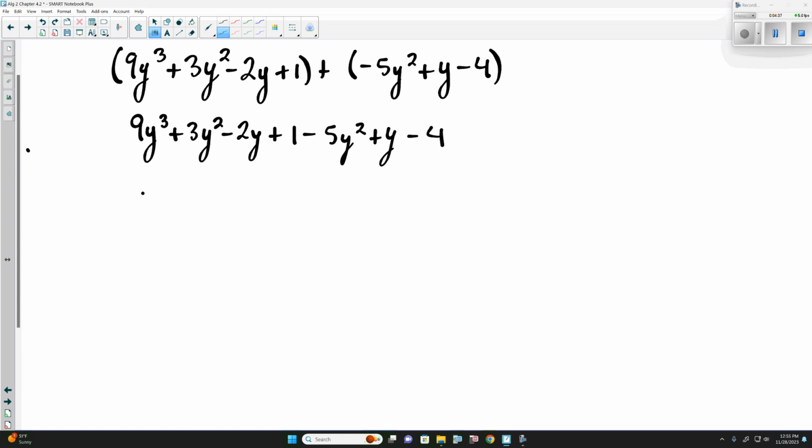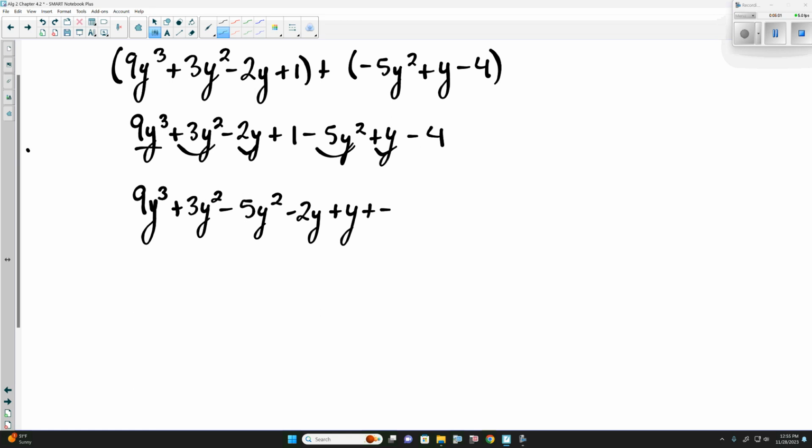At this point here, we can just rearrange it with the like terms next to each other. Now 9y cubed doesn't have any other like terms, but our 3y squared and negative 5y squared, we can put them next to each other. Plus 3y squared minus 5y squared. Here we have our negative 2y plus y.